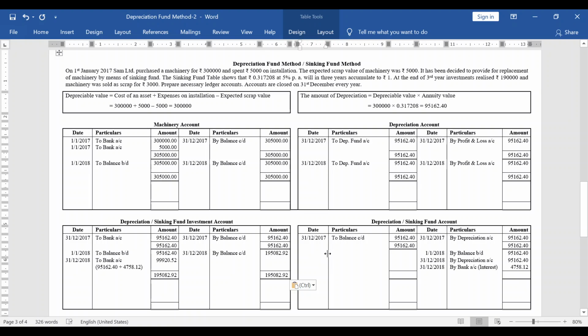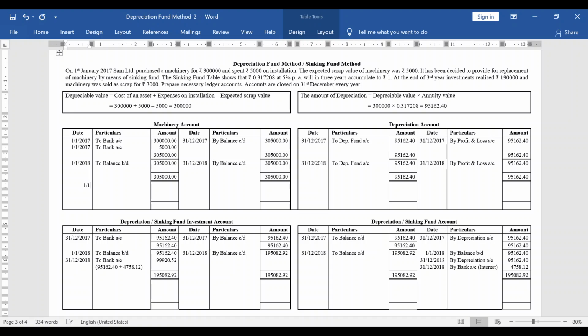Depreciation fund account as on 31st of December 2018 shows a credit balance of rupees 1,95,082.92. With these, accounts are closed for the year ending 31st of December 2018.